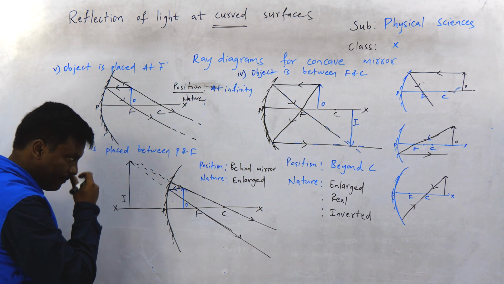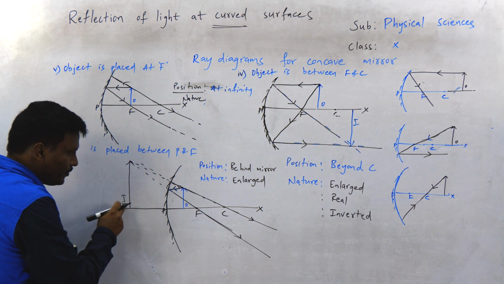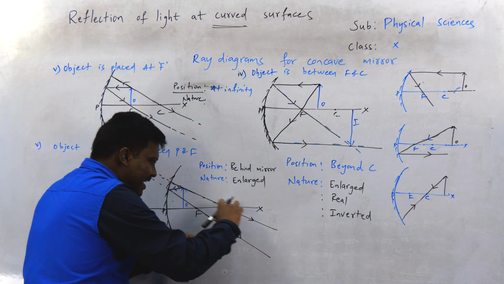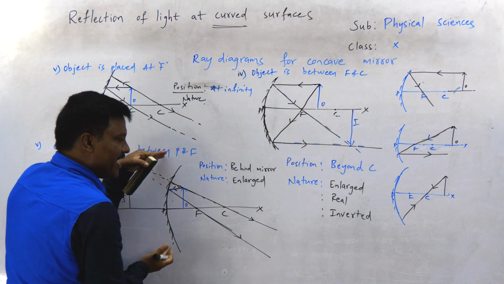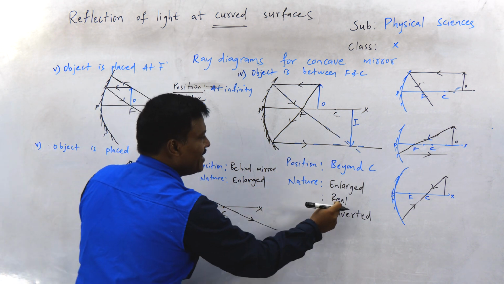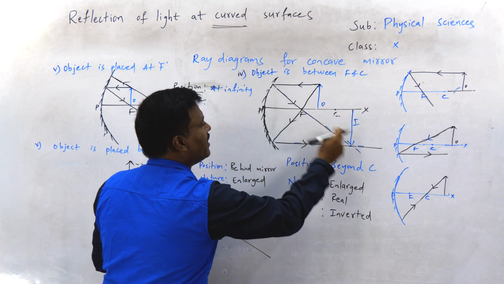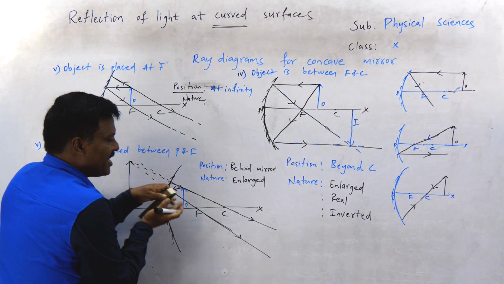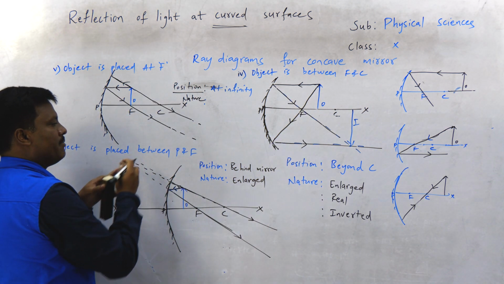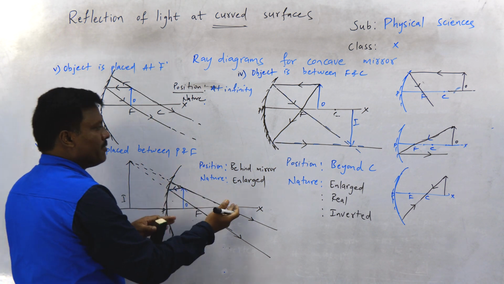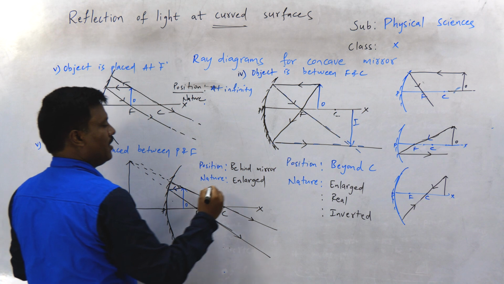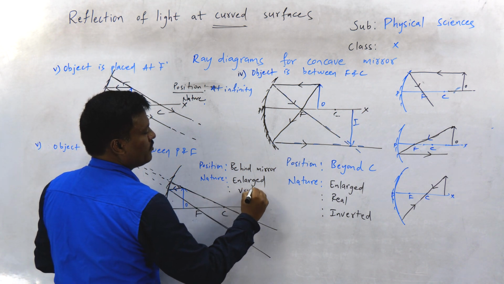One more important thing. This time, after reflection, light rays are diverging, not converging. If the rays converge after reflection, a real image is formed. But here rays are diverging, so we have to extend them backside. So the image is formed behind the mirror. If the image is formed before the mirror it is real, behind the mirror it is virtual. So the image is virtual.